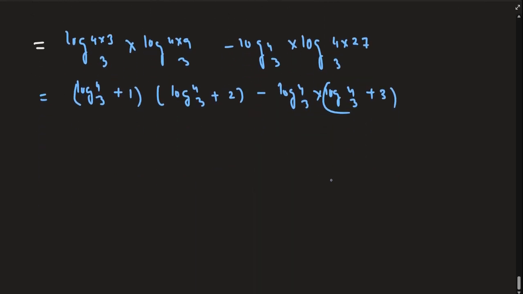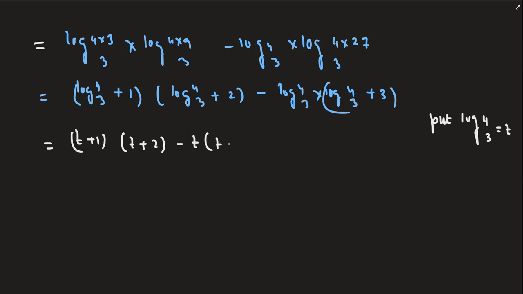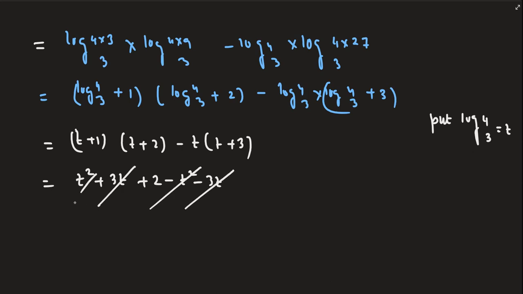So now we do one thing in this step: put log 4 base 3 as t. So this number will be t plus 1, then t plus 2, then minus t plus 3. So it will be t square plus 3t plus 2, and here t square minus 3t. So after simplification we have 2.